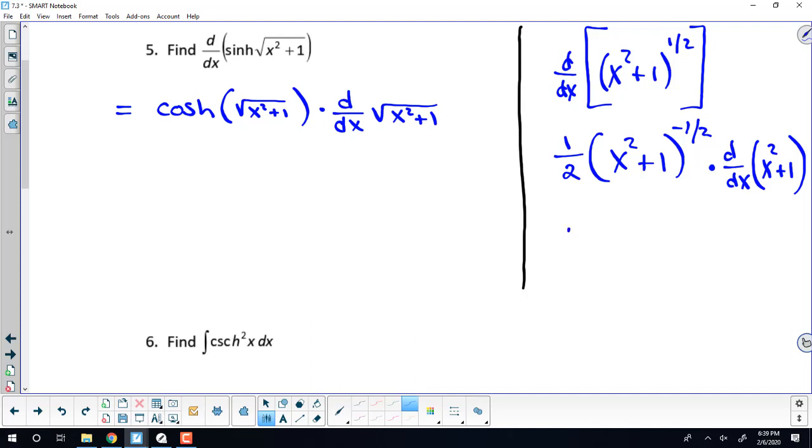So we've got this times 2x, so that's all here for this piece.